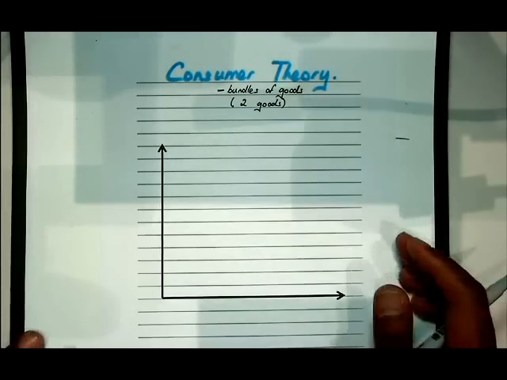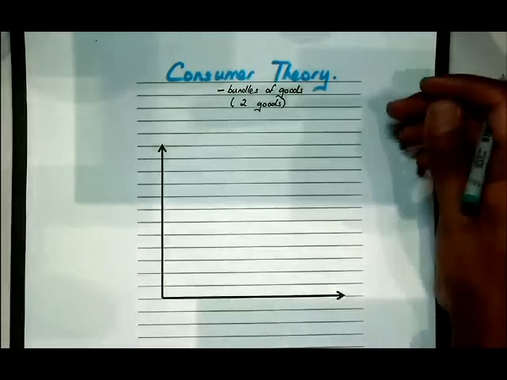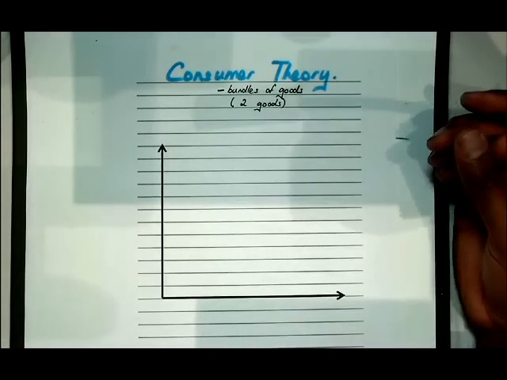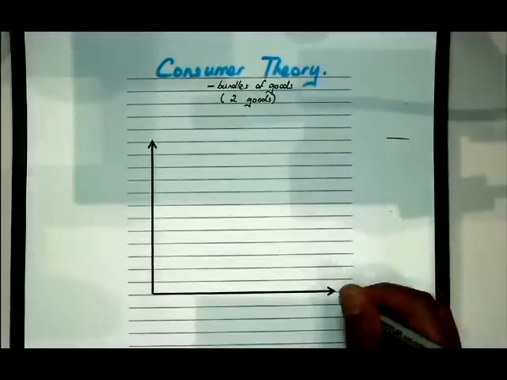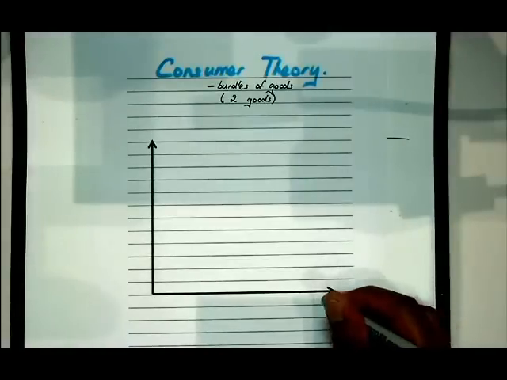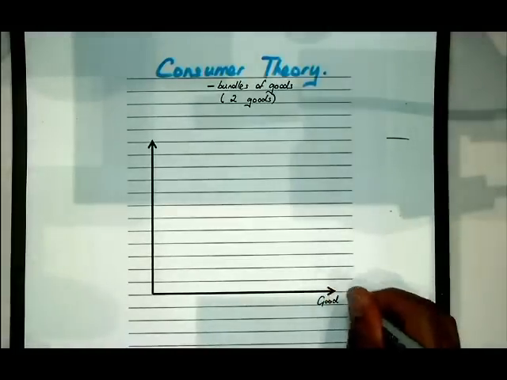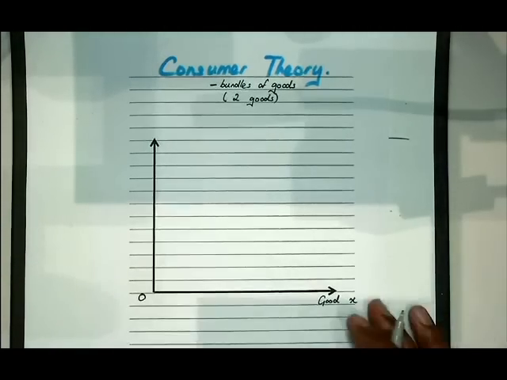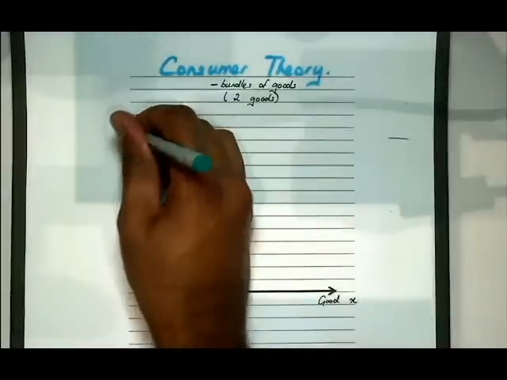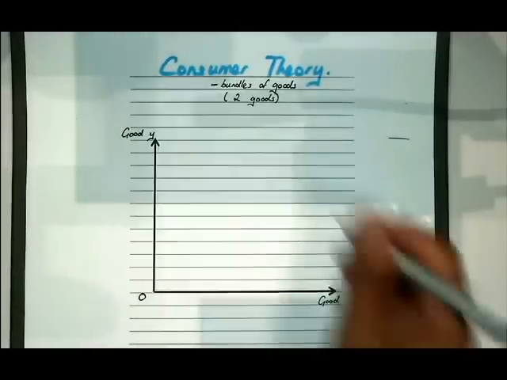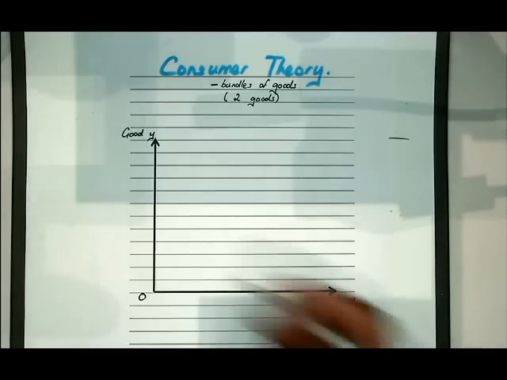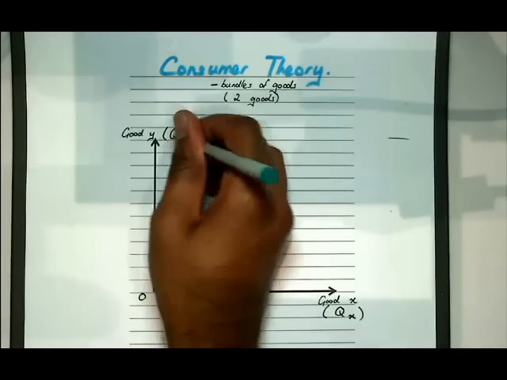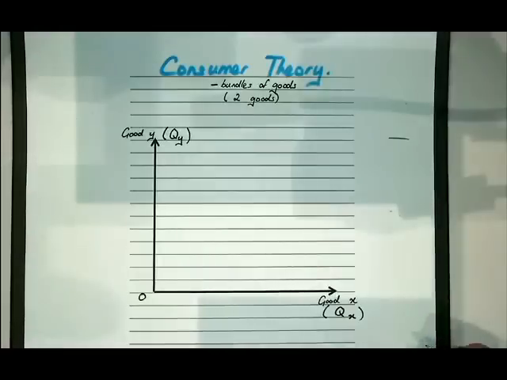But in consumer theory, we look at an entire bundle that the consumer is buying, at least two goods. So a consumer buys two goods, good X and good Y. Both are in terms of quantity. How much X are you buying and how much Y are you buying?